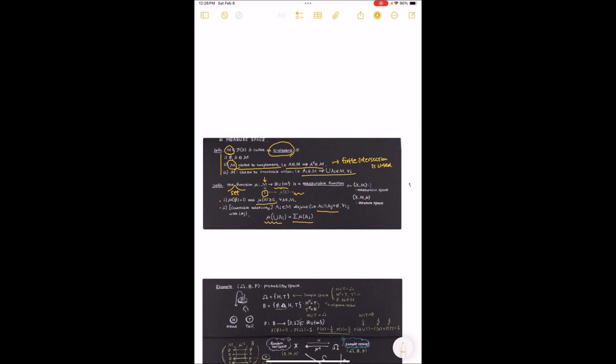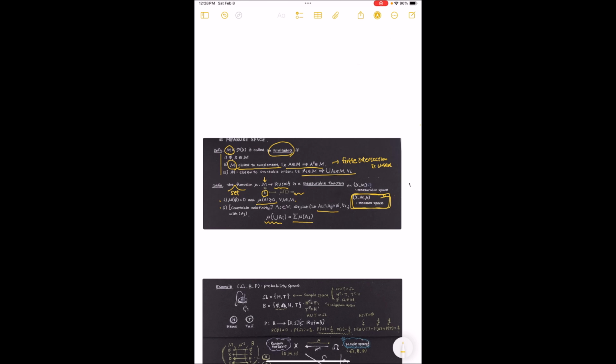Then we call the set function mu a measure. So the triplet of a set, a sigma algebra and a measure is called a measure space.